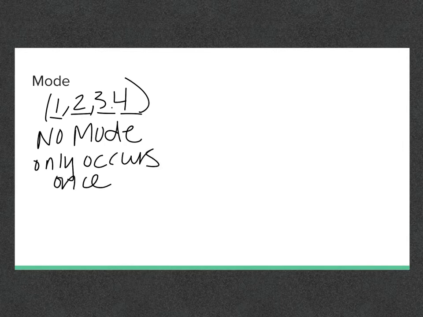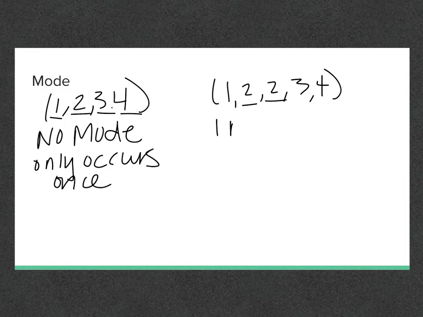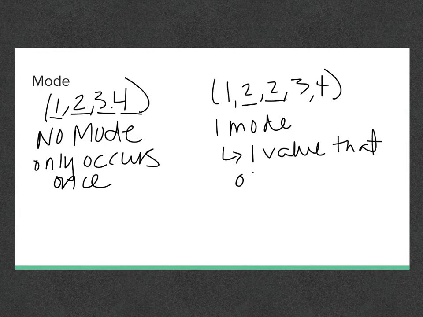Okay, now I can have a data set that has 1 mode, which would be something like 1, 2, 2, 3, and 4, and my mode would be 2 because that's the value in my data set that occurs the most. So 1 mode would be 1 value that occurs the most.